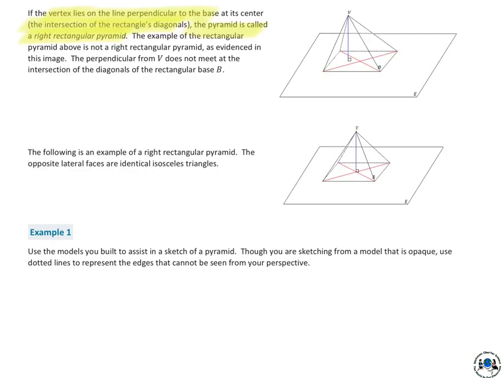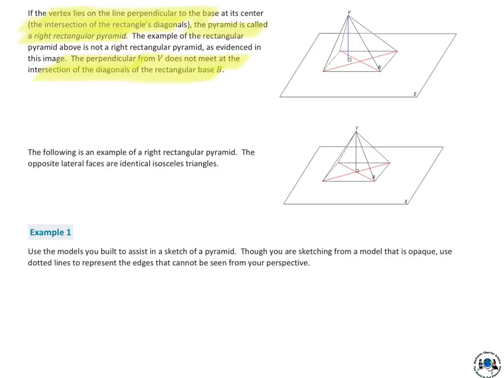So the example of the rectangular pyramid above is not a right rectangular pyramid, as evidenced in this image. The perpendicular from V does not meet at the intersection of the diagonals on the rectangular base B.